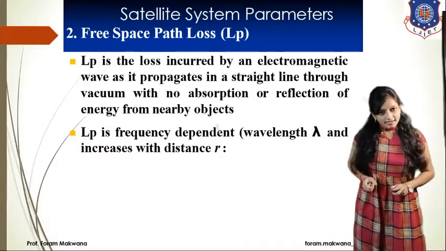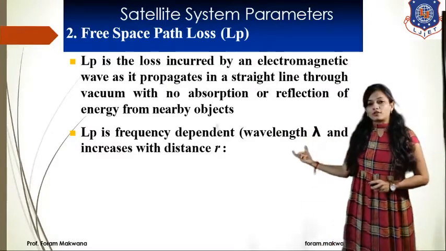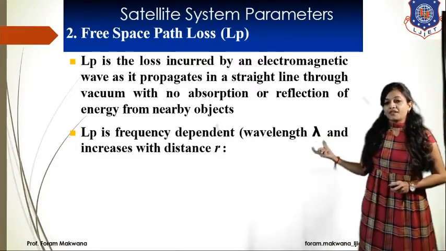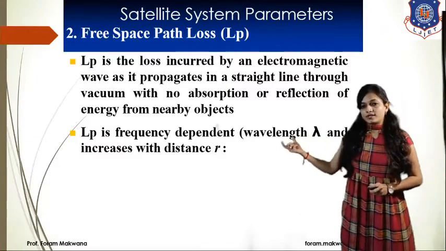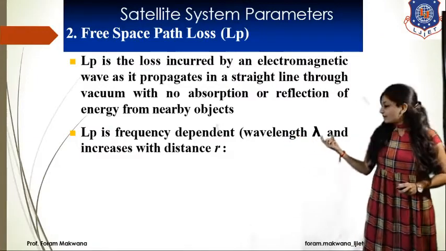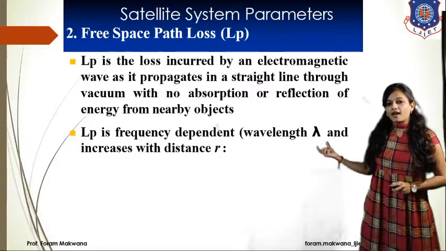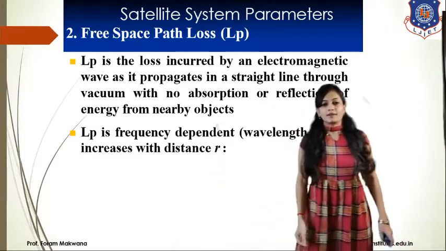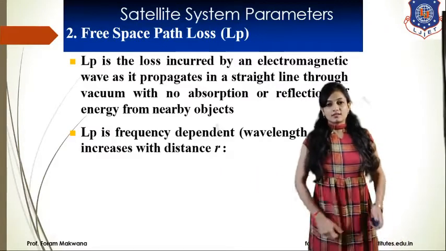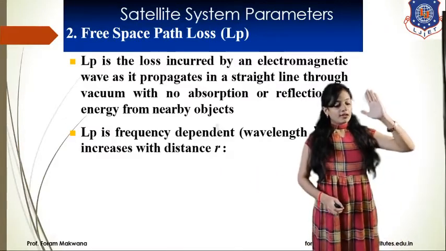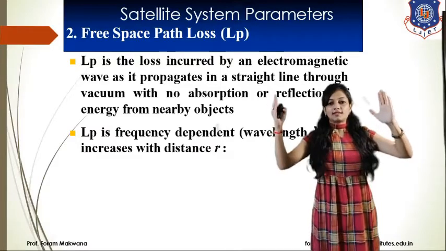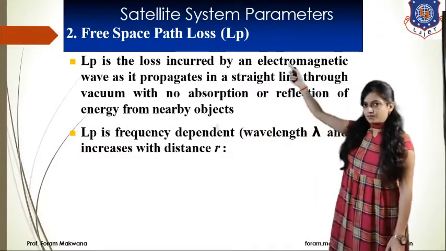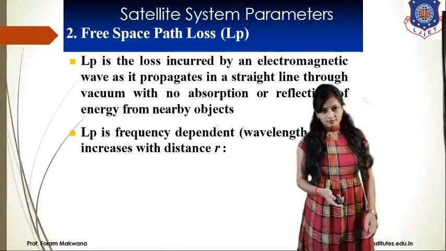So we can say that my free space path loss is frequency dependent, and as my wavelength, that is lambda, changes, it will increase with the distance r. What is this distance? This distance is between my transmitter and my satellite. If this distance is increased, my free space path loss is going to be increased. Alright.